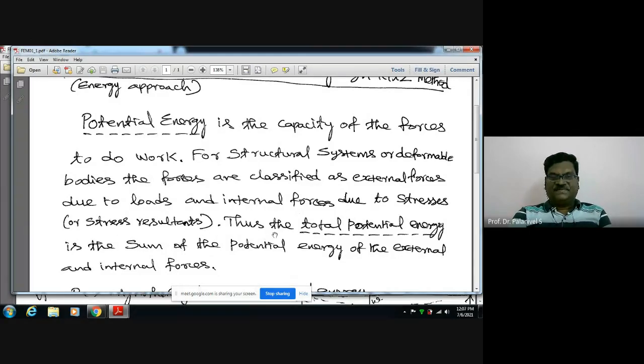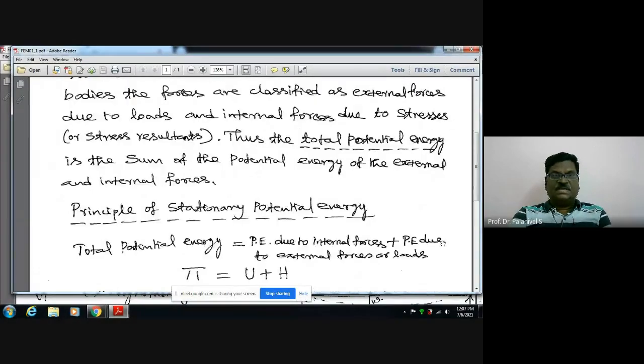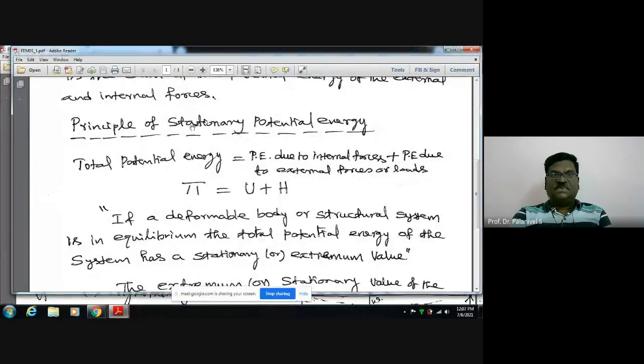Thus, the total potential energy is the sum of the potential energy of the external and internal forces. Then I have written the principle of stationary potential energy. Total potential energy is equal to potential energy due to internal forces plus potential energy due to external forces or loads. The notation used is pi. This kind of pi. In some texts, it is also psi.